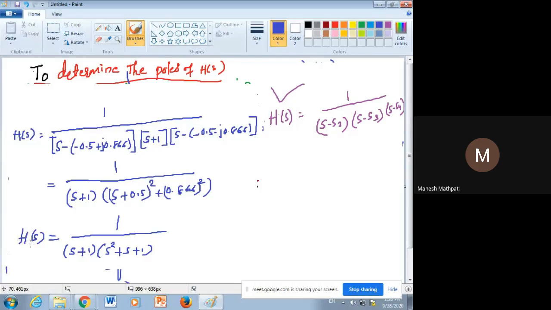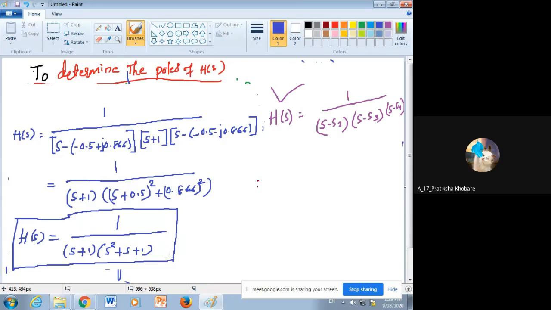H of s is the final transfer function. Now what is the order of it? Order of the transfer function, can anyone tell me? 3. It is 3, because here we have s square and here s, and we have derived it for n equals 3, right?